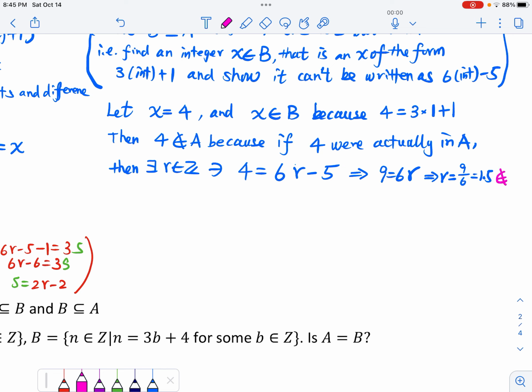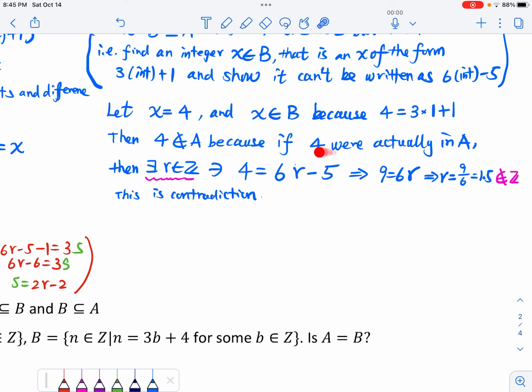This is not in Z, okay? So if 4 were in A, then there exists an integer r in Z so that this is true. But now you derive that r is actually not an integer. Do you see this is a contradiction, right? So this is a contradiction.